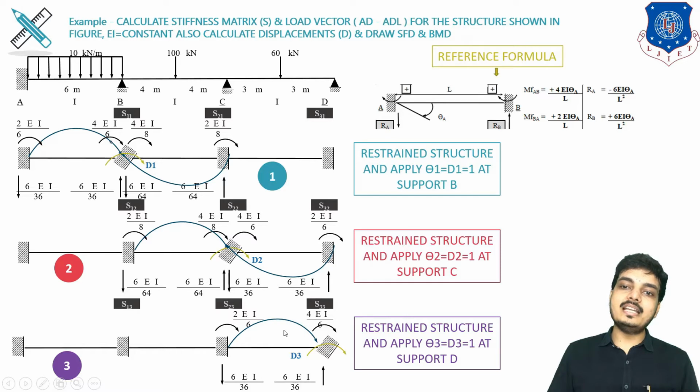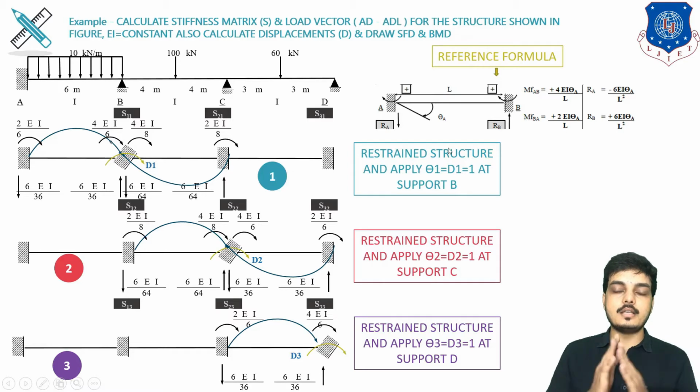There will be an effect only in span CD, and the rest of the spans from A to C will have no effect. We have to apply the respective values of the formulas; you can refer to this reference formula. So this was our first step: restraining the beam and applying theta equals to 1 at our primary unknowns.